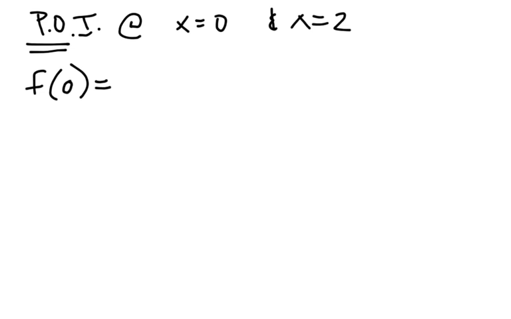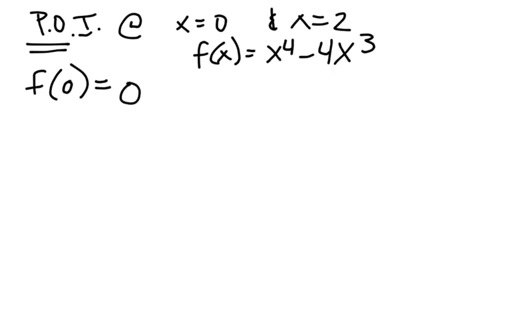So, if you'll remember, the original function was f of x equals x to the fourth minus 4x cubed. So f of 0 would be 0 to the fourth power minus 4 times 0 cubed, which equals 0. So the first point would have x of 0 and a y of 0 also.